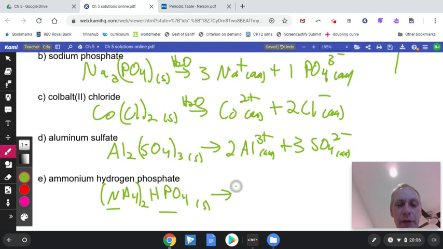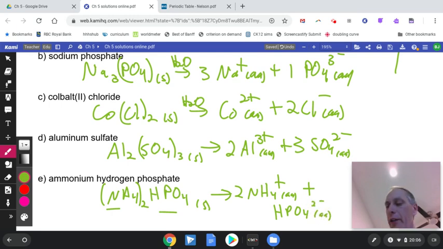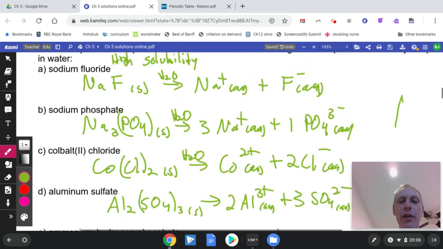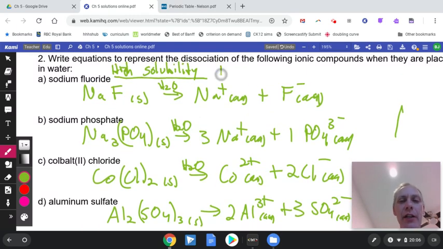So that one dissociates into 2 NH4 pluses and 1 HPO4 2 minus, aqueous. Okay, so hopefully those are reasonable for you guys for dissociation equations. That's a really important skill. And this is only for high solubility ionic compounds. Okay, low solubility, they stay together as a solid.